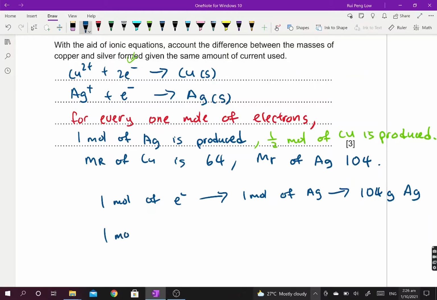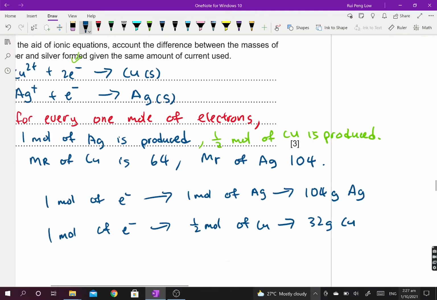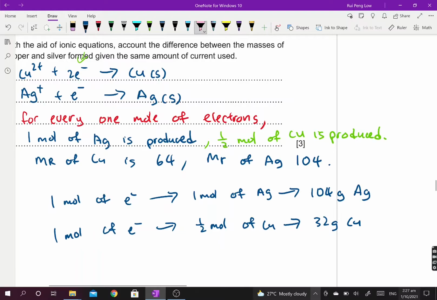But 1 mole of electrons will produce half a mole of Cu to give you only 32 grams of Cu. So can you see that copper is being penalized, so to speak, on both ends, on the number of moles and also by the Mr.